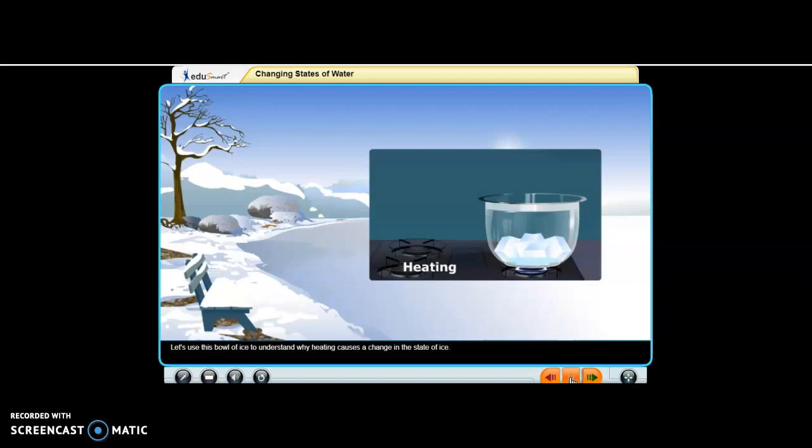So we're going to make a prediction because now we have a bowl of ice cubes here. And what will happen to these ice cubes if heat was applied to the ice cube? I hope you have made your prediction, and we're going to continue with the video to see what will happen if heat was applied to the bowl of ice cubes.